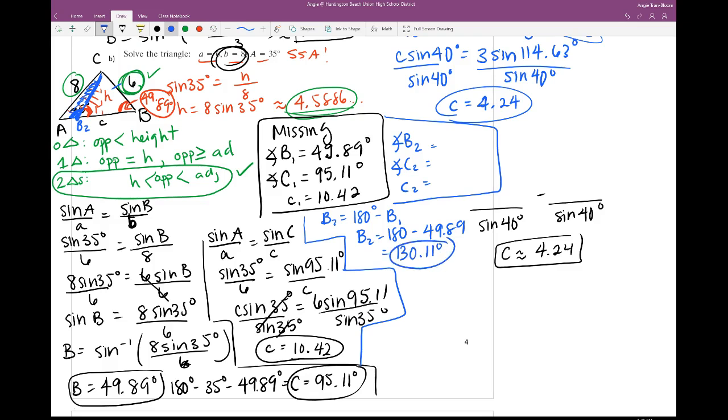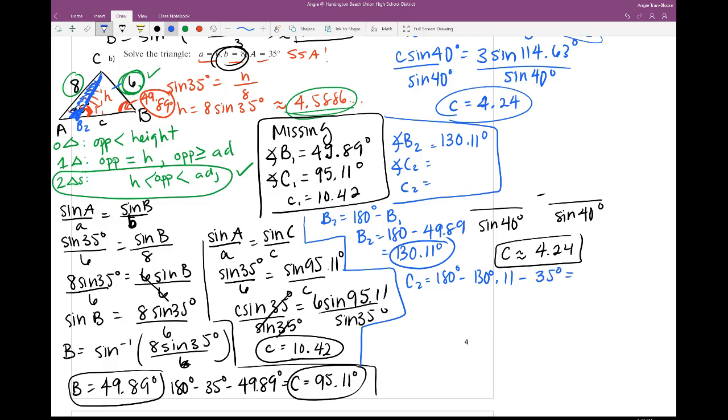And if you look at the picture, B2 is definitely obtuse, okay? Now, how would I get C2? Well, C2 is 180 minus 130.11 minus angle A, which is given to us at 35 degrees.